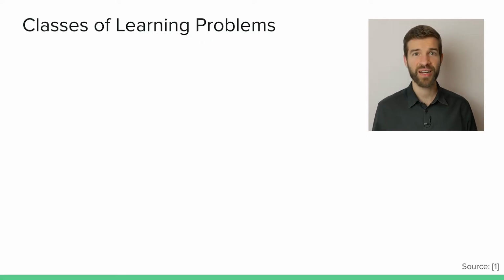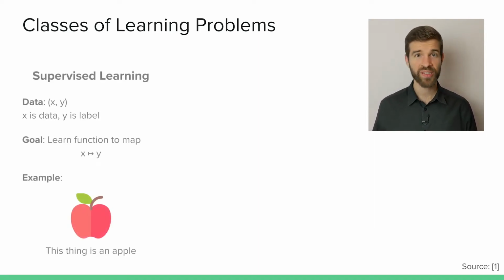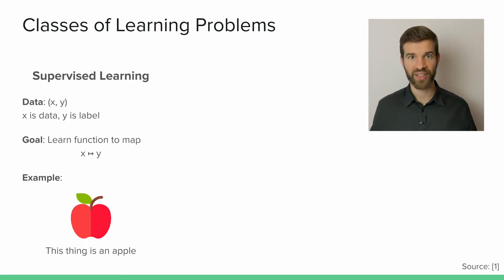There are a bunch of classes of learning problems. Some of them we've already talked about before. The first class of learning problems is so-called supervised learning, which is what we've done most of the time so far. Whenever we're doing image classification or object detection, what we have is our data, which consists of the input itself, X, and the target label, Y, which we want to map to.